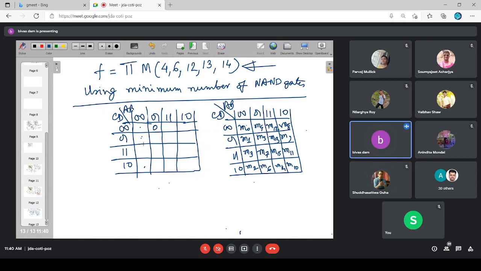Yes, Vaibhav, you are telling something. Sir, for 3 variable input. Same thing. 0, 1, 2, 3, jump, 4, 5, 6, 7.